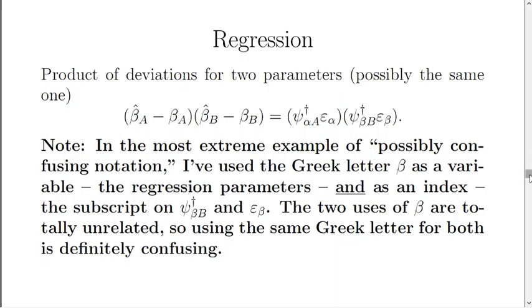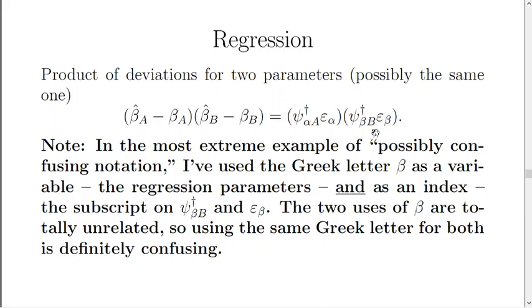Well, the product of the deviations for two different parameters, possibly different, possibly the same one, is deviation of parameter estimate A times deviation of parameter estimate B. Now, in writing this equation, it occurred to me after looking at it that I just used one of the most extreme examples of possibly confusing notation that's possible.